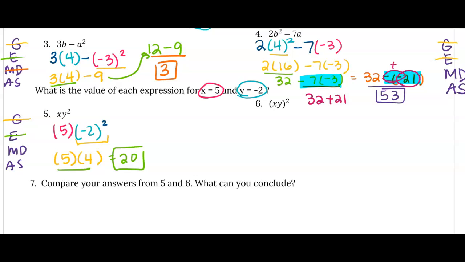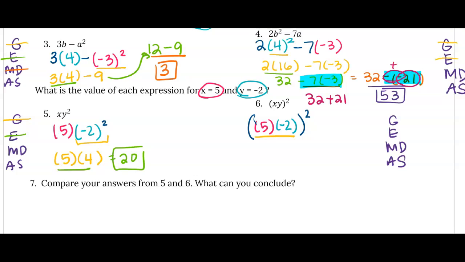Let's see how number 6 differs from that. So I'm going to go ahead and plug in my x and my y, and then keep my squared on the outside. And then looking at my order of operations, I see that I do have some grouping symbols to start with.